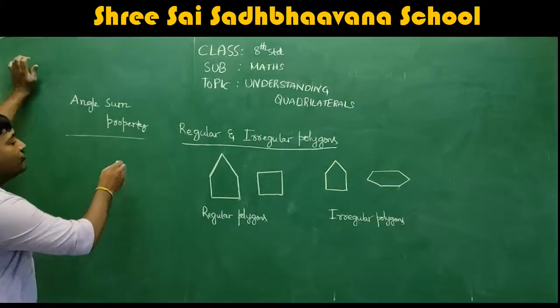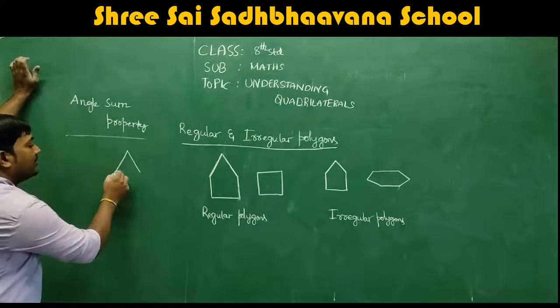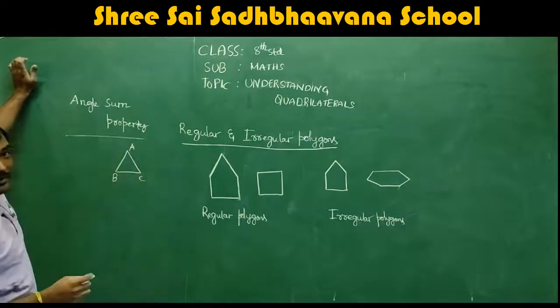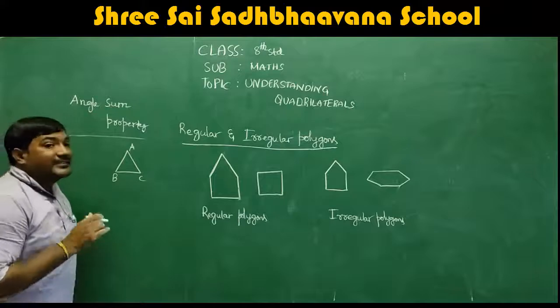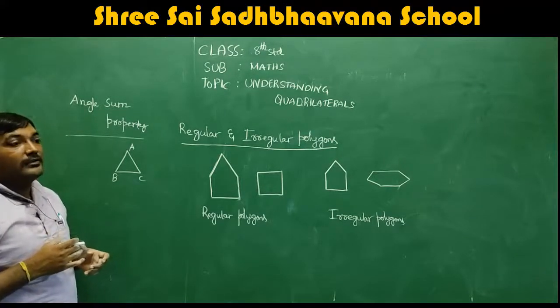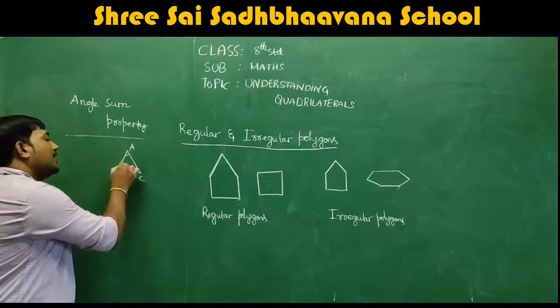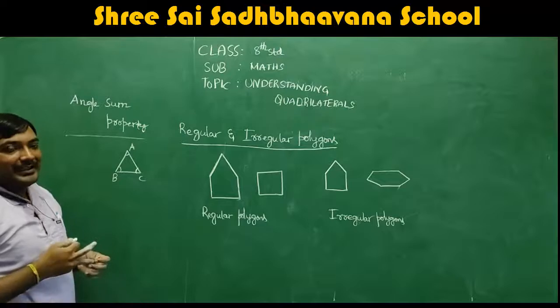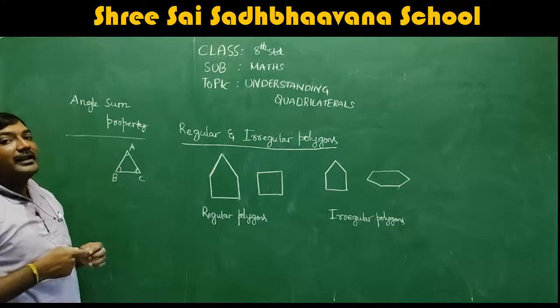Let me give an example of a triangle. Let me consider a triangle named ABC. This triangle has three sides, AB, BC and AC. Similarly, a triangle has three angles also: angle A, angle B, and angle C.